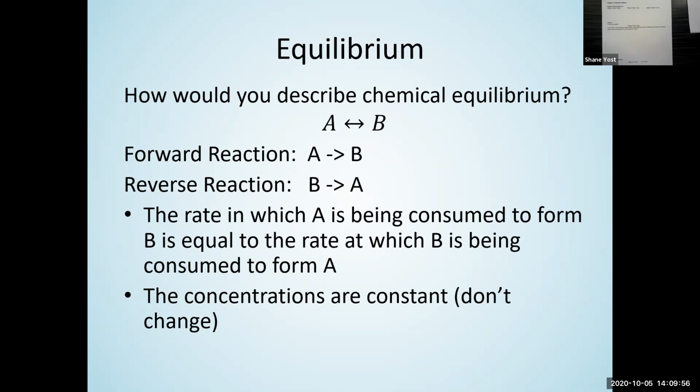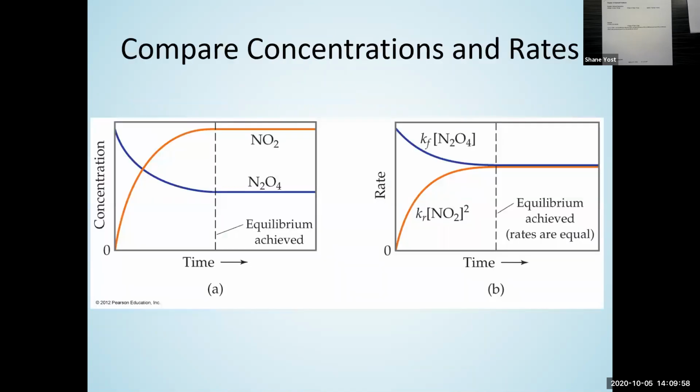Pictorially, you can look at concentration versus time, and then the rate of your forward reaction and reverse reaction versus time. The reaction here is N2O4 decomposing into two NO2s.